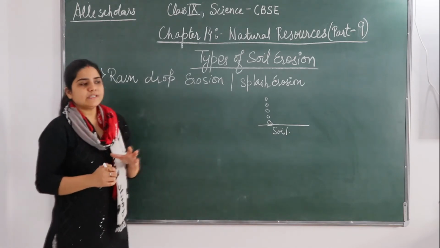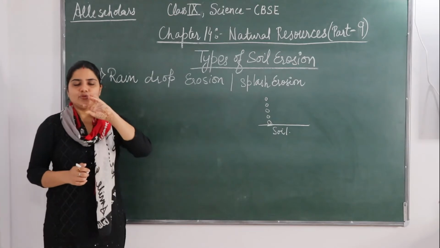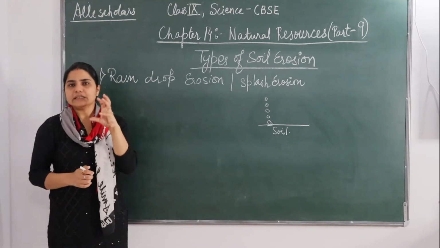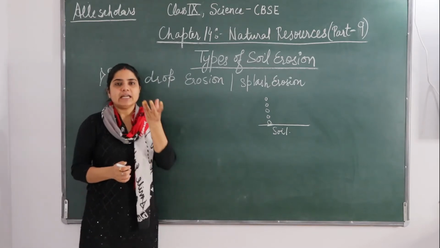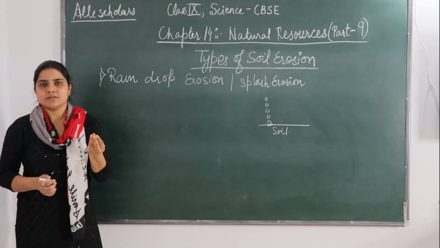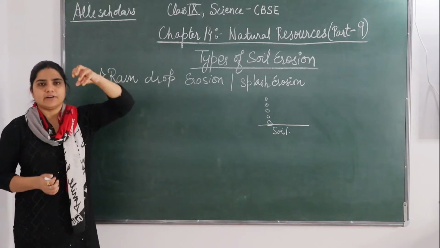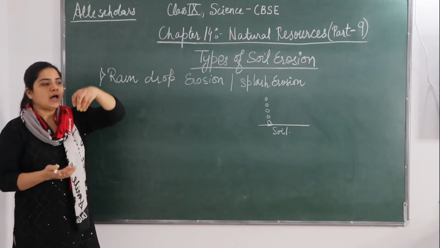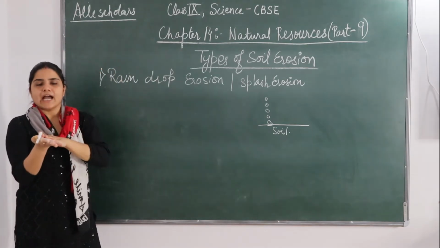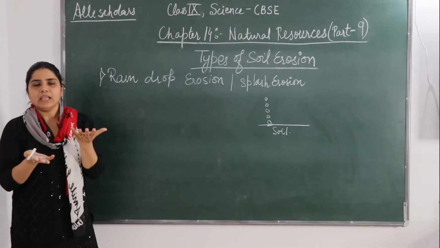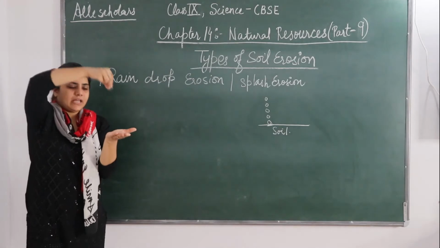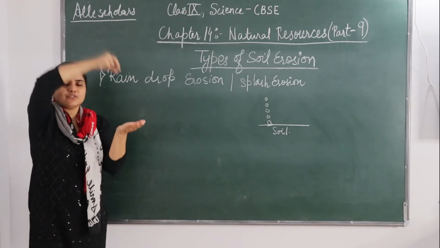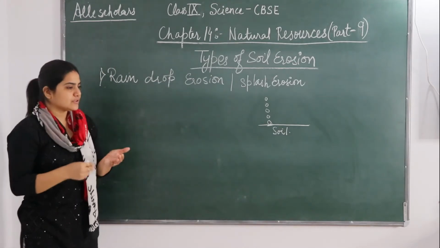Similarly, if we talk about it, this raindrop is falling on the exposed surface of soil. Soil land is there, a raindrop is coming like a bomb and it is just falling on the surface of the soil.